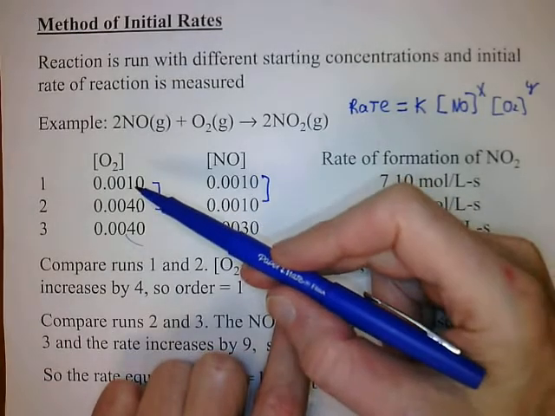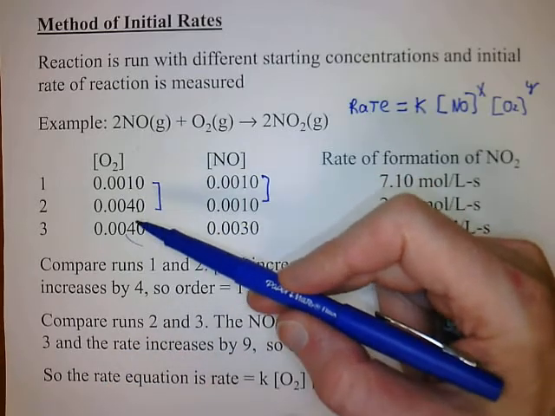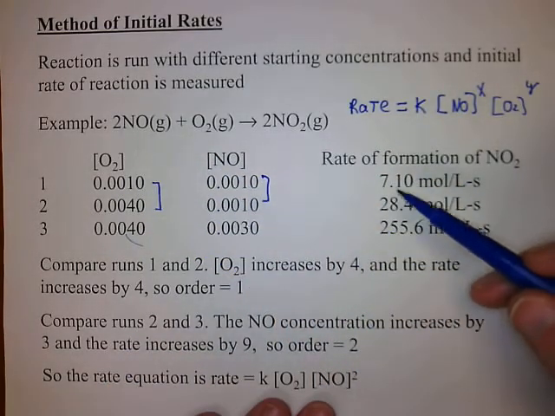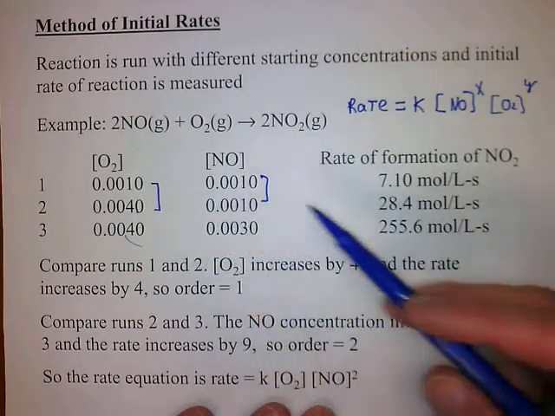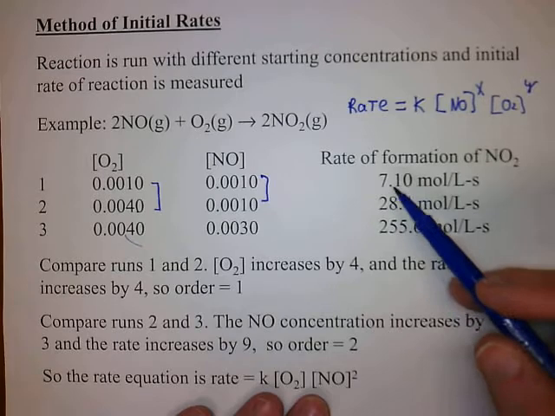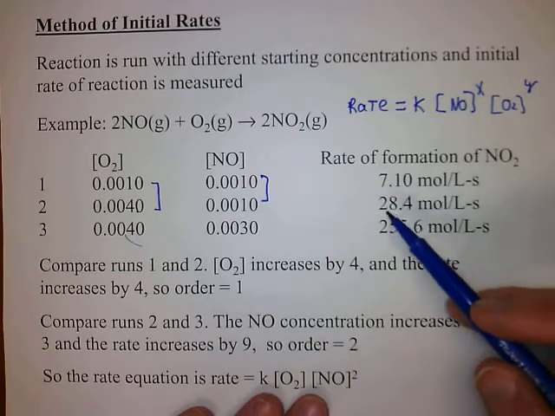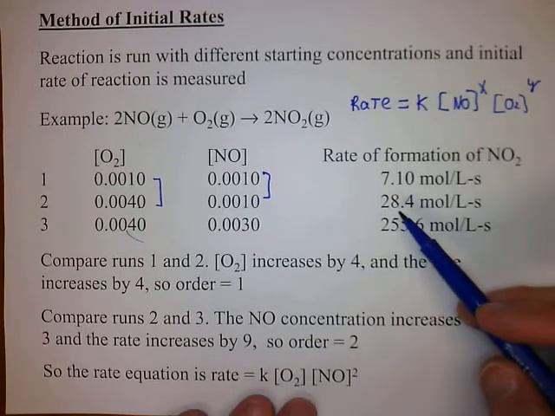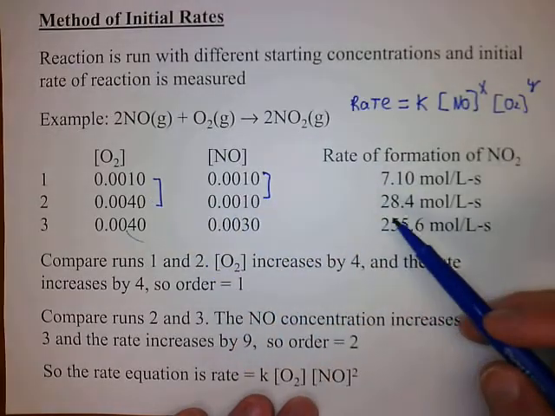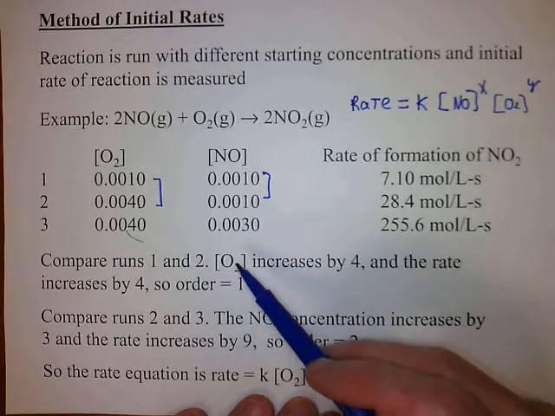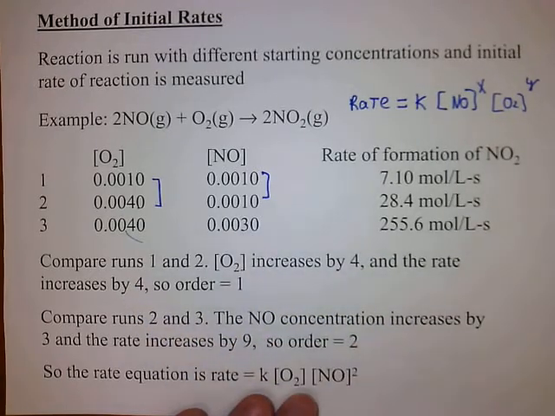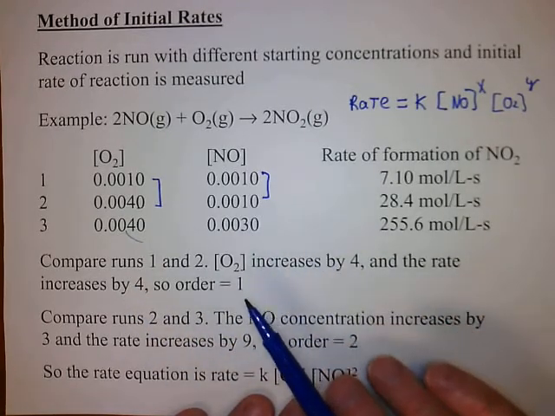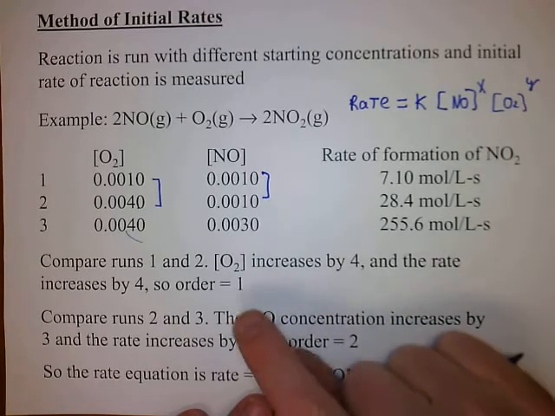So you look at this and you say, this goes up by 4, and this goes up by 4. What does that sound like? 4 raised to some power is equal to 4. 28.4 is 7.1 times 4. The concentration increases by 4, and the rate goes up by 4. So we know that the reaction order with respect to oxygen is 1.